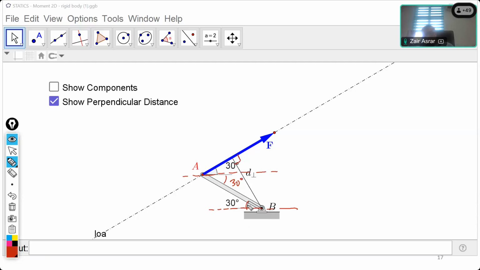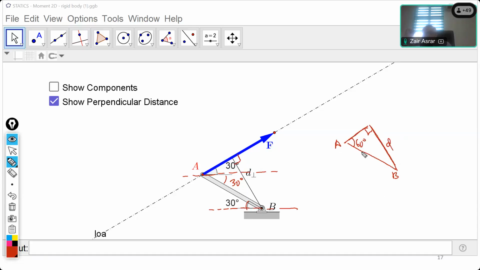At the end of the day, what kind of triangle do we have? We have this triangle. It has a 90 degree angle, and the angle here is 30 plus 30, 60 degrees. This is A, this is B, and this is the D that we want.